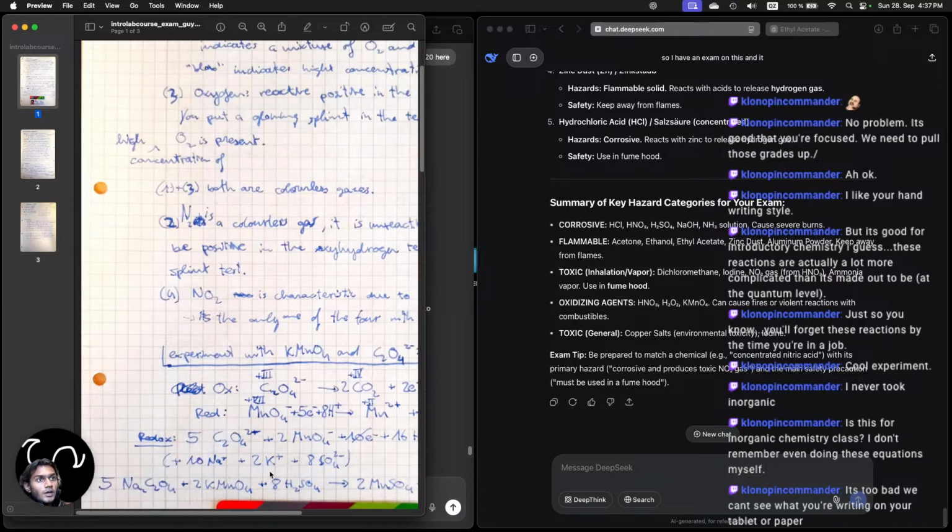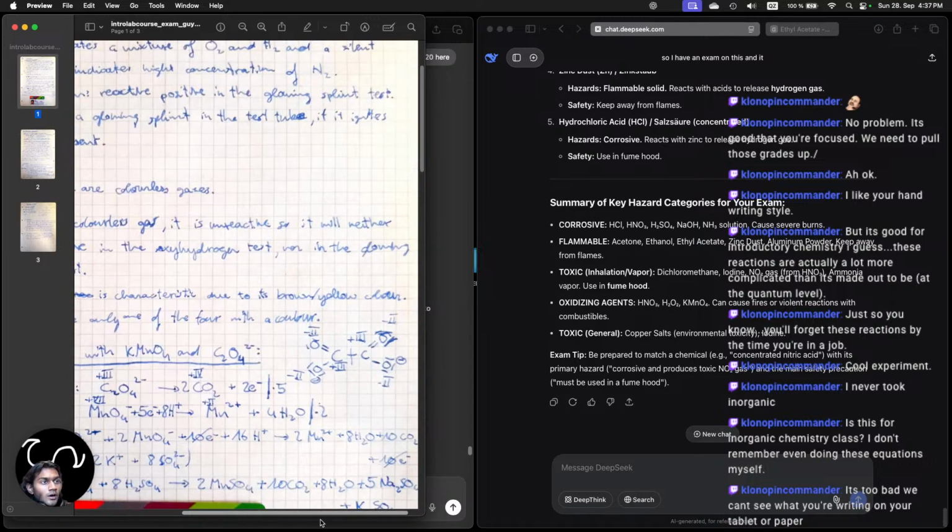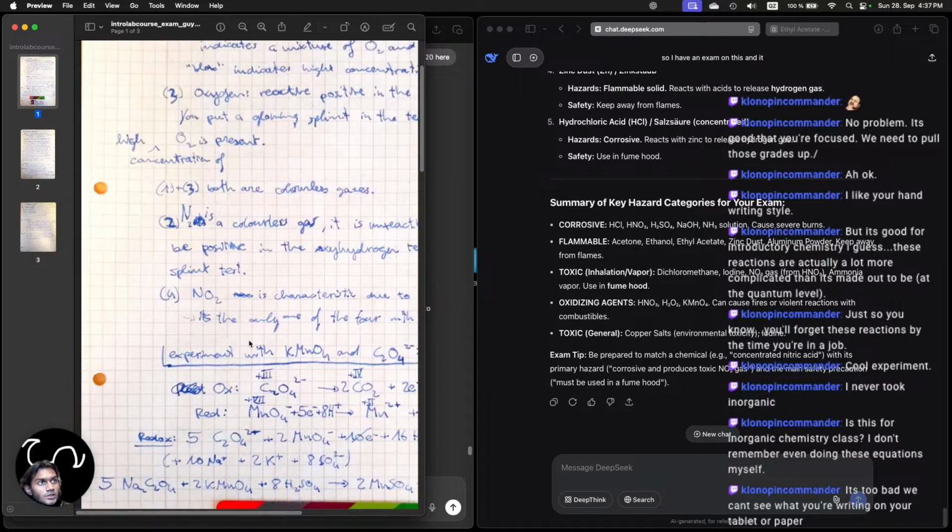Oh, here it's not hydrogen oxalate. It's okay. I guess this question could be coming. What was it? It was from section 4, last part of section 4. God damn it. What was it?